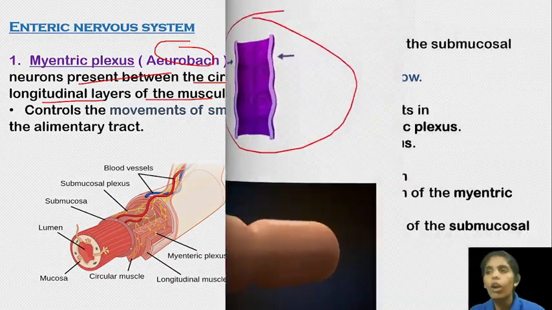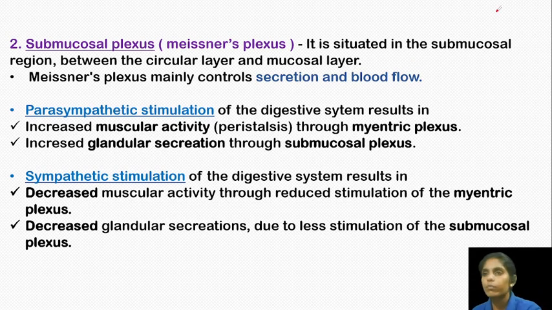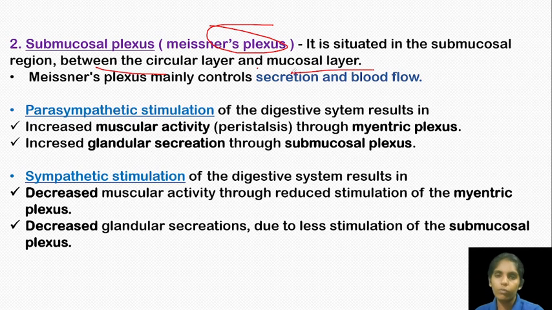Now the other type of the neurons is the submucosal plexus. From the name you can say that these are the neurons which are present in the submucosal layer of the alimentary canal, and these are also known as plexus of Meissner or Meissner's plexus. These are present between the muscularis layer and the mucosal layer of the alimentary canal.